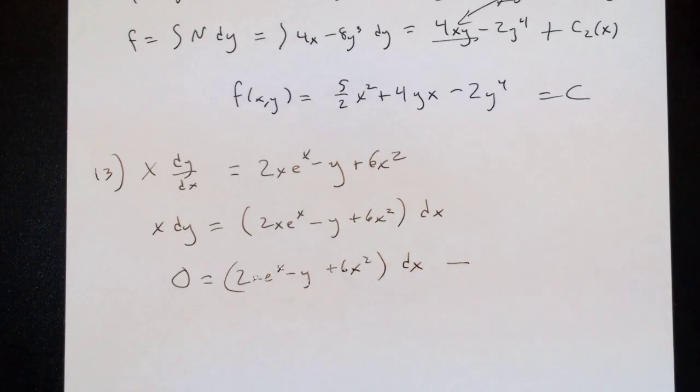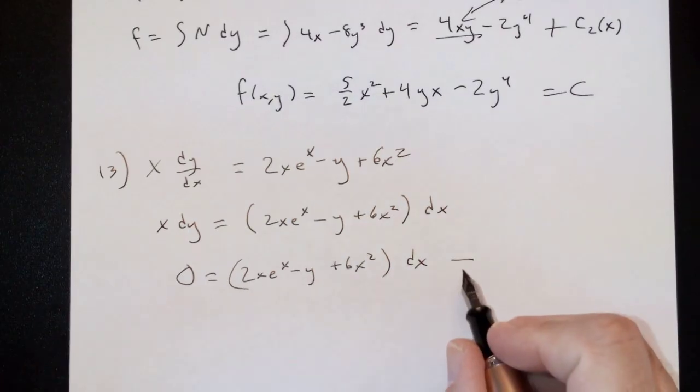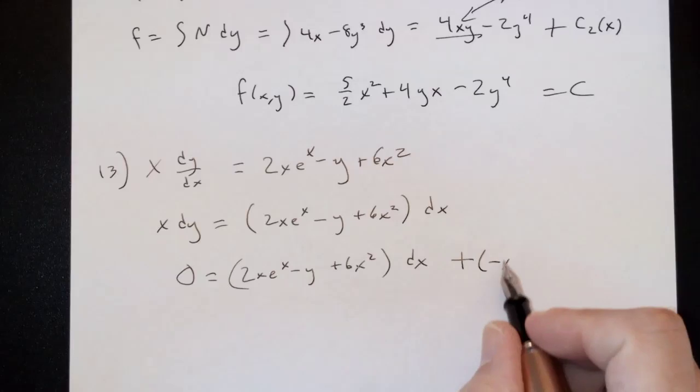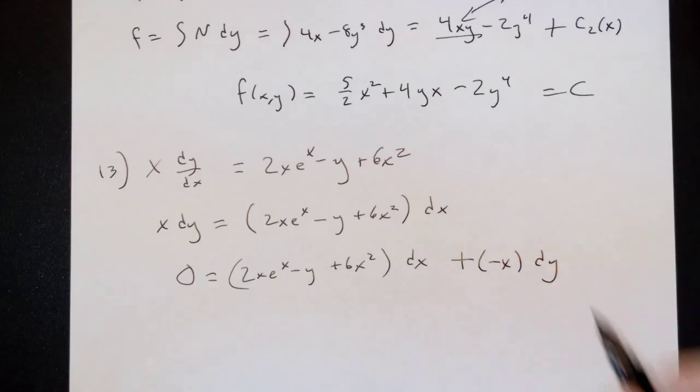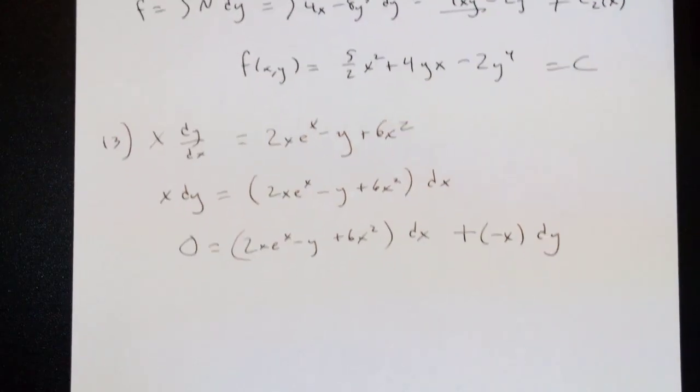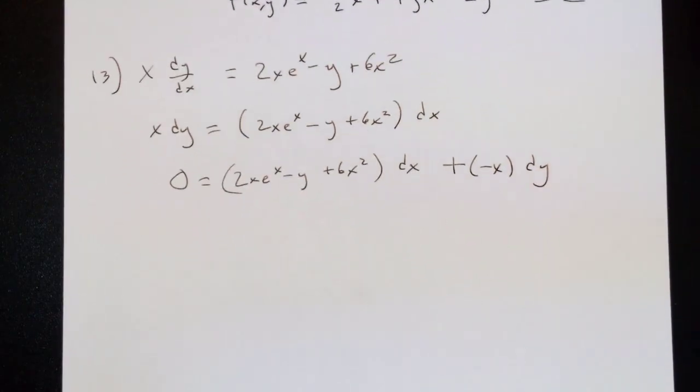Now, important thing. I said it was M dx plus N dy. If I move this over, it should be negative, right? I'm going to write it like that to emphasize that I know I moved it over and made it negative. Is this exact?